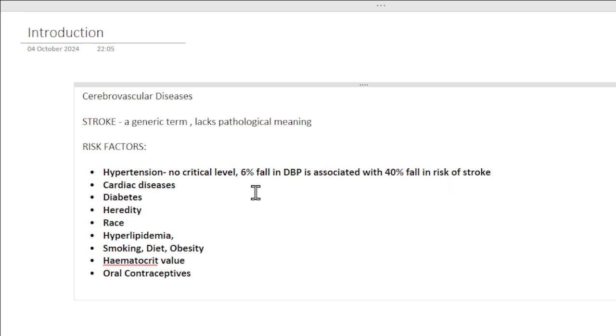Well, understood? So there is no particularly critical level, so don't worry. It can always be associated with any kind of stroke; the higher the value, the higher the risk.